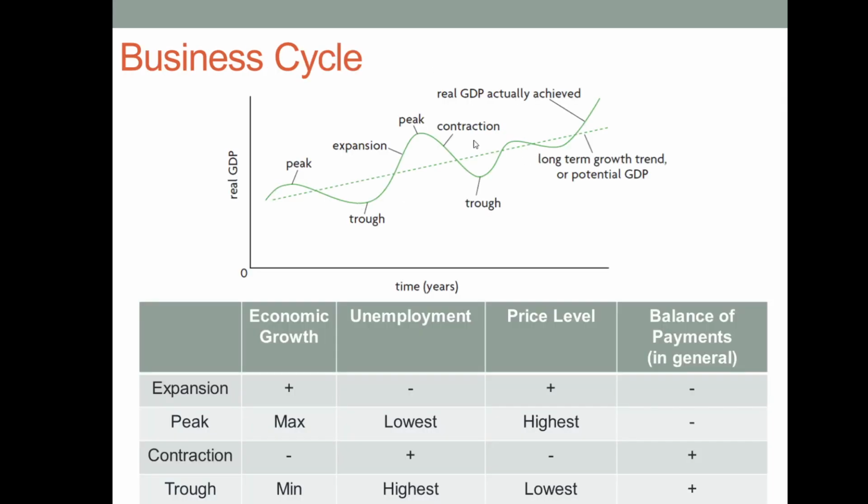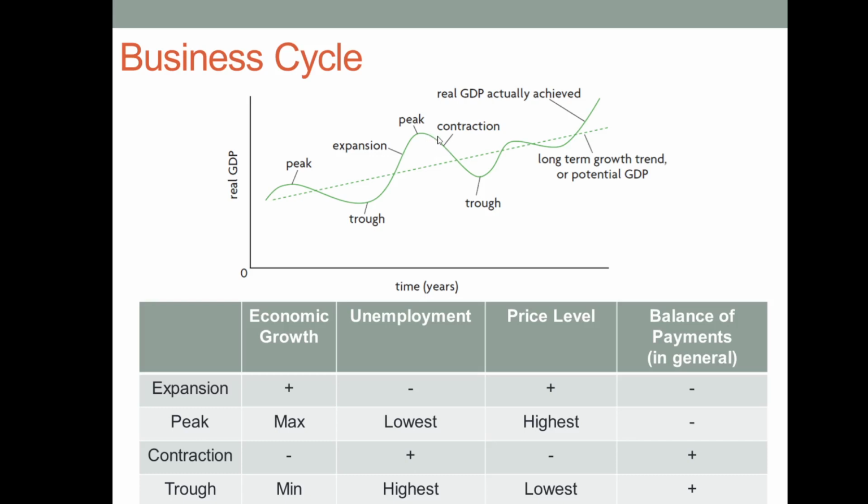So when we go back to the business cycle here, when it's going down, you will see contraction. But sometimes the contraction may not last long. Let's say after the peak here, the contraction might stop here, and then it will go back up. If that's the case, it will not be long enough to reach 2 quarters of successive contraction.